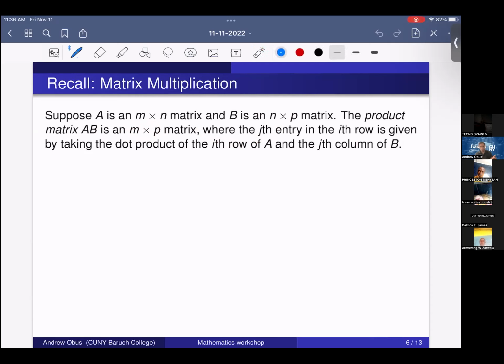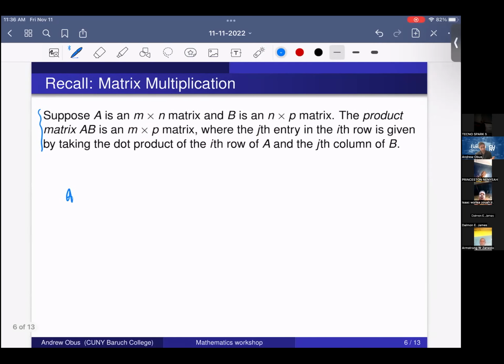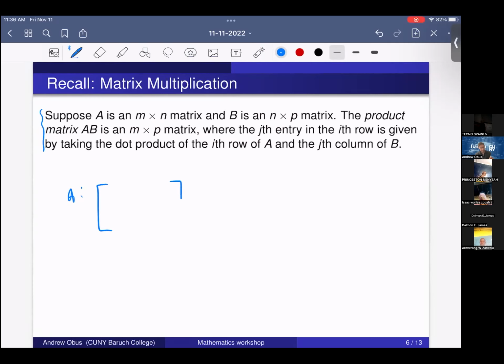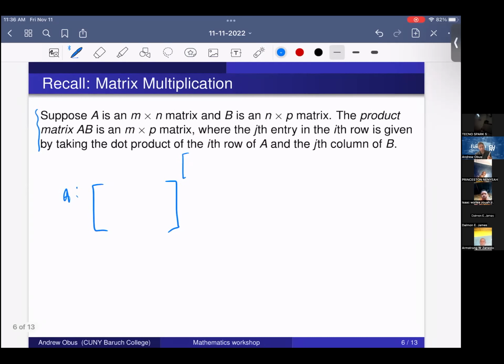This is a little bit complicated to see just from the definition. But the idea is that if A is your matrix here, and B is your matrix here, then AB fits right here.